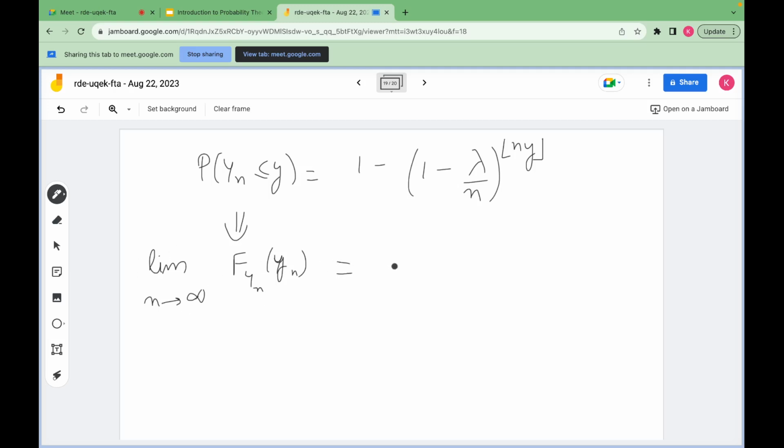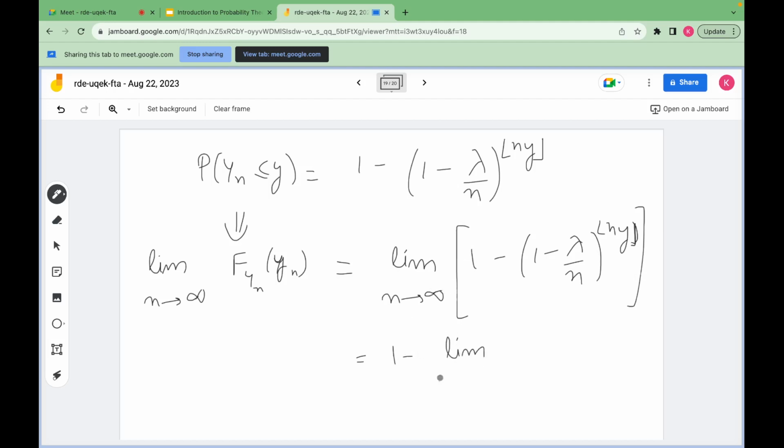This is the limit as n tends to infinity of 1 minus (1 minus lambda by n) to the power ny.